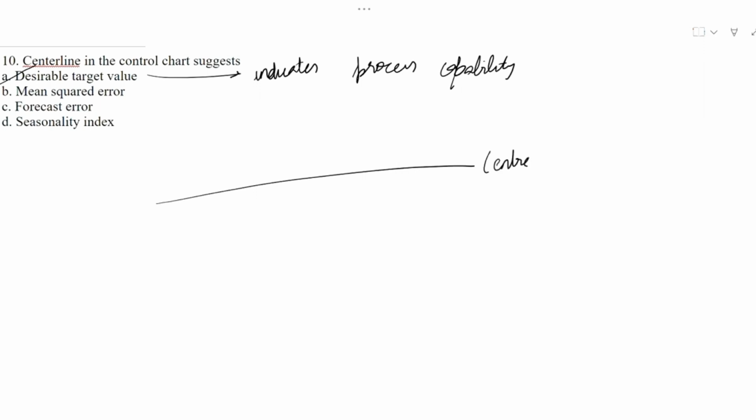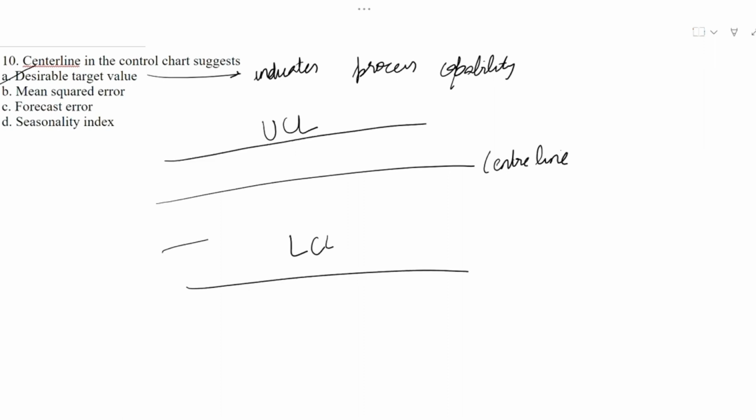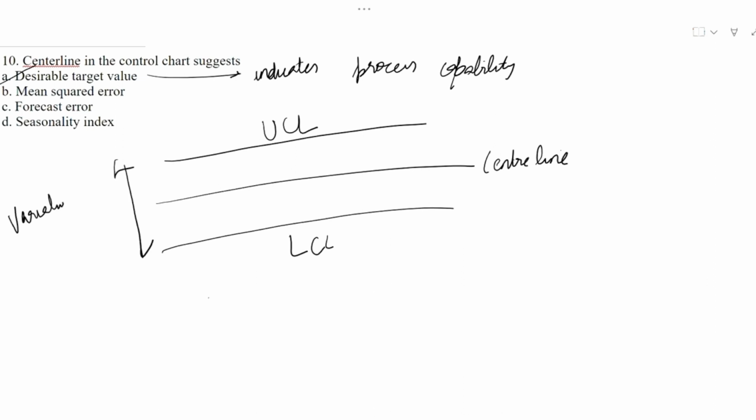Center line, upper control limit, lower control limit. So variation should always remain within this range.